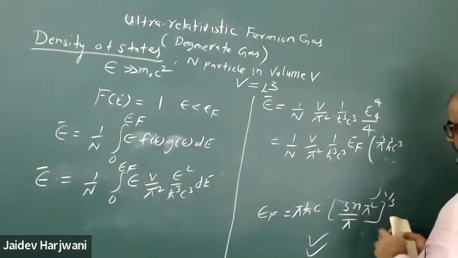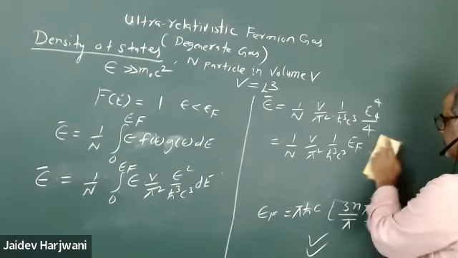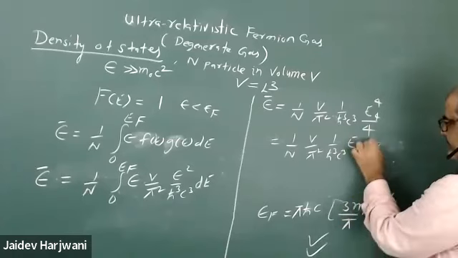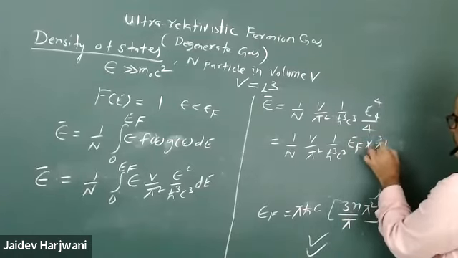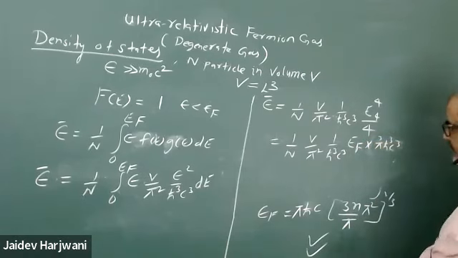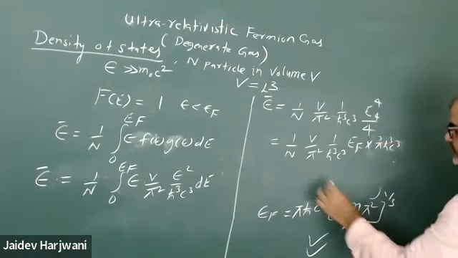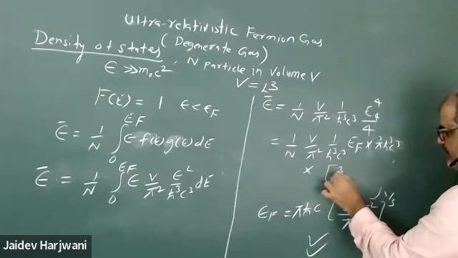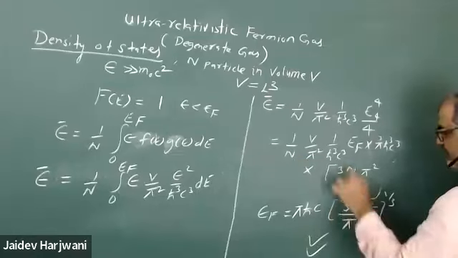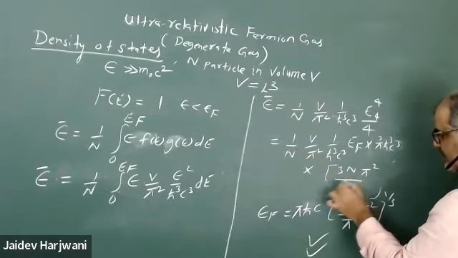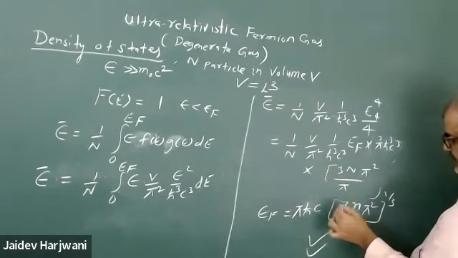You put the value of EF cube. And then if you open this one, this will come out 3n. I'm writing n upon V instead, because it is also here.